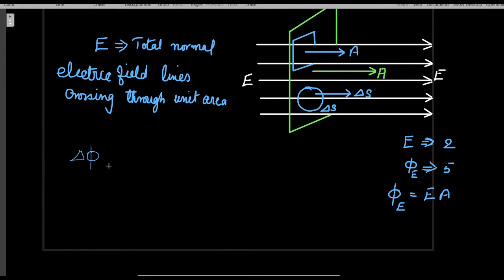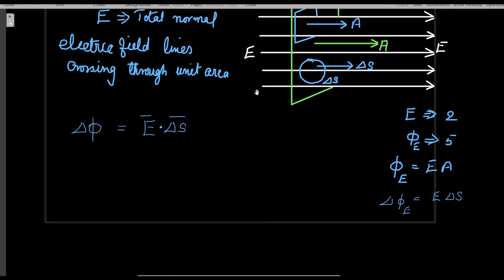So delta phi is the total field lines crossing normally through delta S. Already we know through an area A, flux phi is equal to E into A. Similarly, delta phi is the flux through the surface delta S. So delta phi must be E into delta S. Since E is a vector quantity and delta S is also a vector quantity, we represent delta phi as E dot delta S.